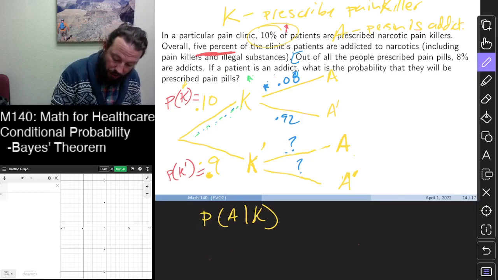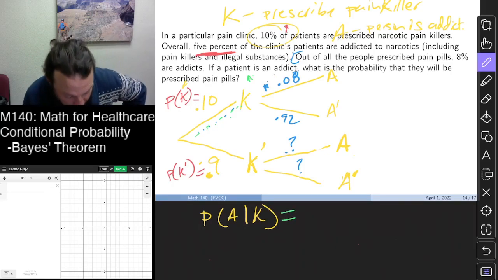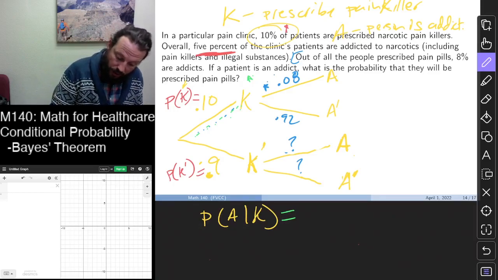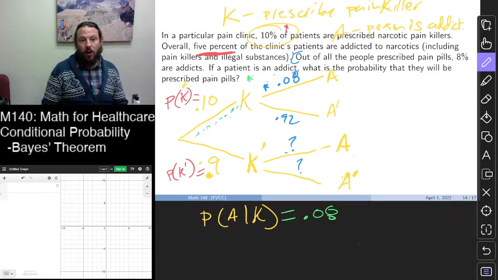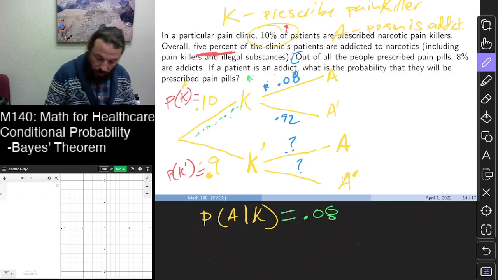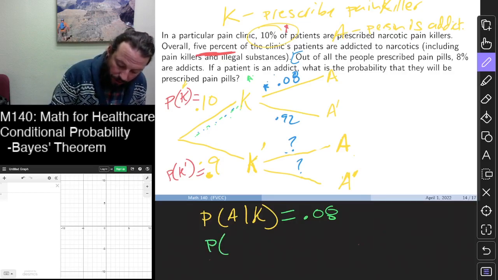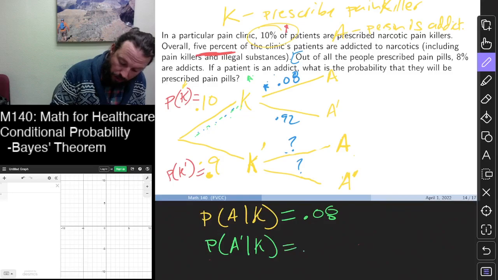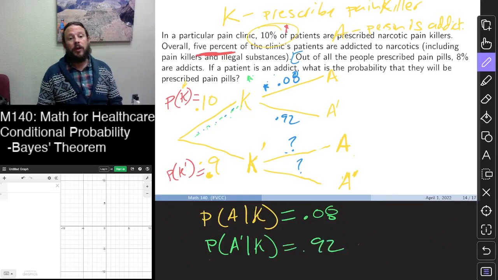That gives me the probability of A given K, or the probability of being an addict given you were prescribed painkillers, is 0.08. And that automatically, the way we draw tree diagrams, makes the probability of not being addicted given being prescribed painkillers 0.92, which of course we related.